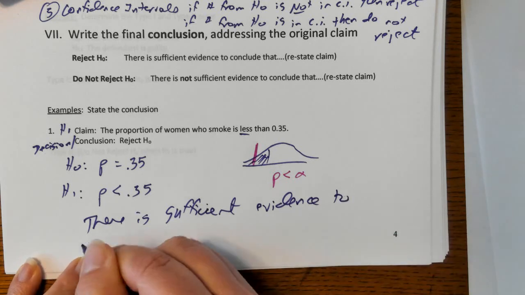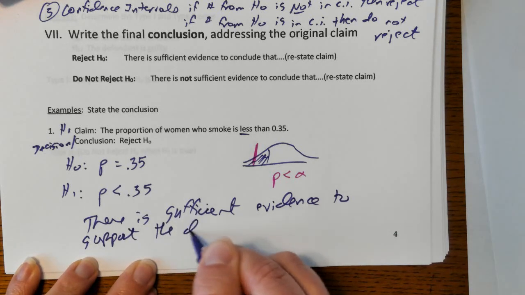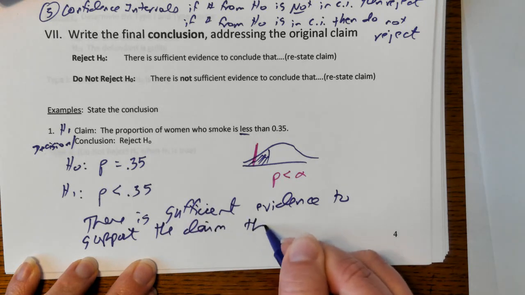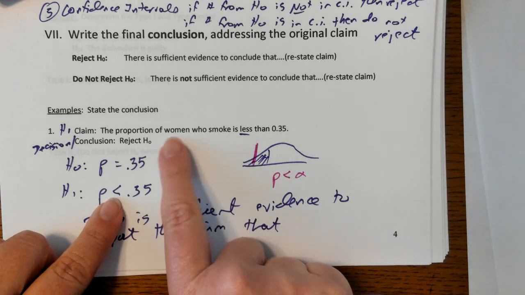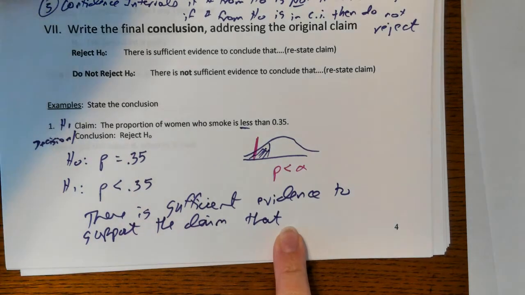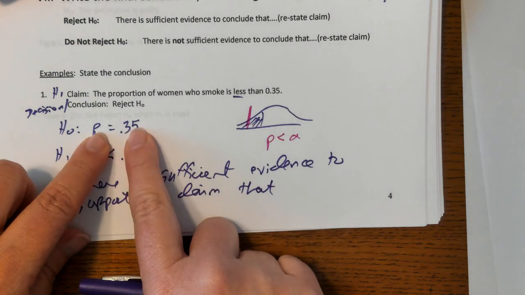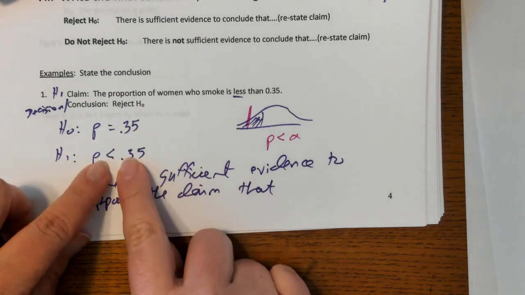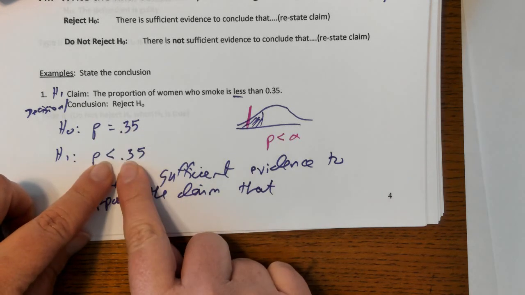to support the claim that what? What was the claim? Well, the claim was that the proportion of women who smoke is less than 0.35. So I'm going to restate that. If I rejected the null, that means there was evidence for me to go along with this claim. I rejected the null, that means I'm supporting the claim.